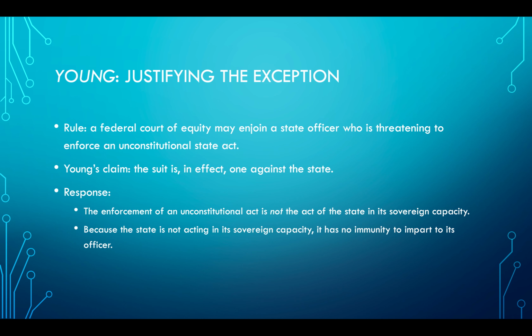Because the state is not acting in its sovereign capacity, it therefore has no immunity to impart to its officer. And therefore, when the officer acts in enforcing this unconstitutional state statute, the court tells us we can simply view it as an illegal act by an individual.